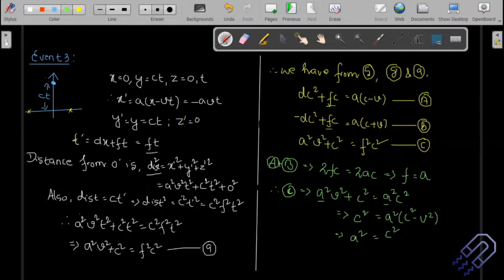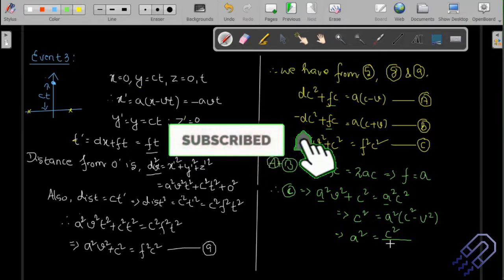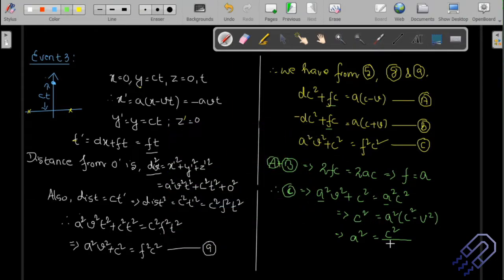So I'll take c square on this side. And on this side I will take c square common, and within the bracket I can take 1 minus v square by c square. I hope you understand this, because this goes to the denominator.